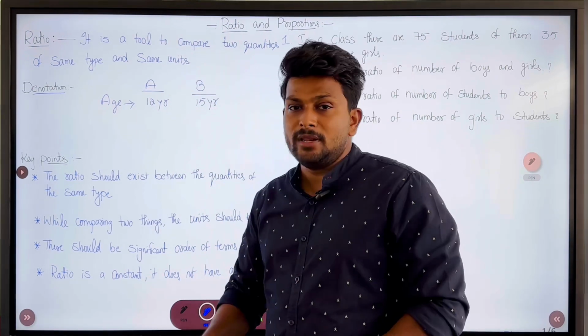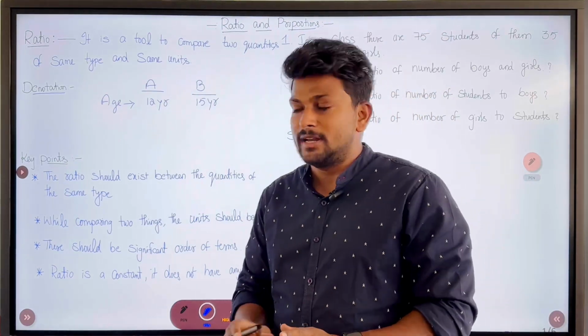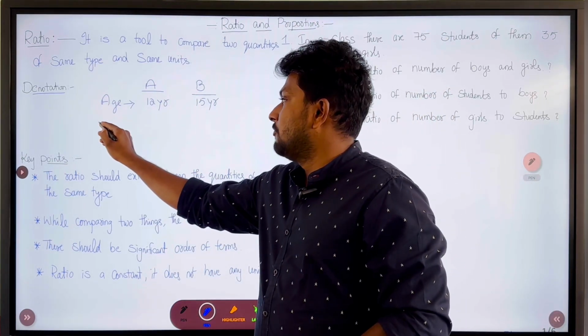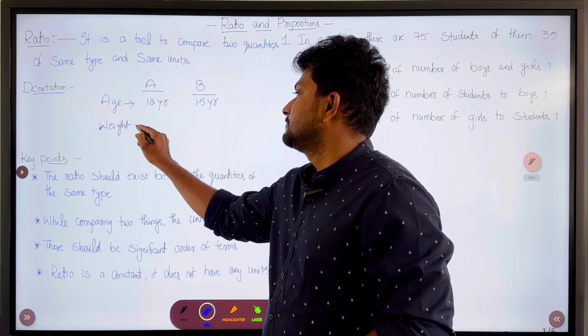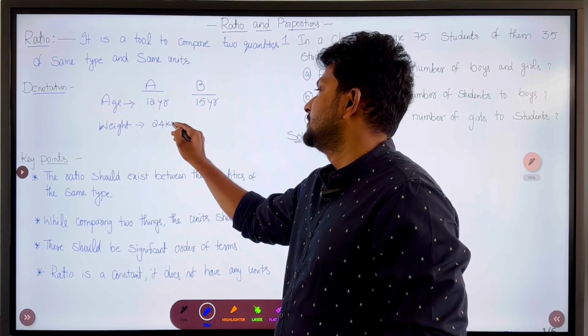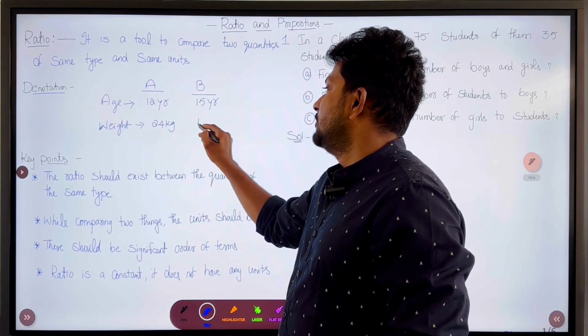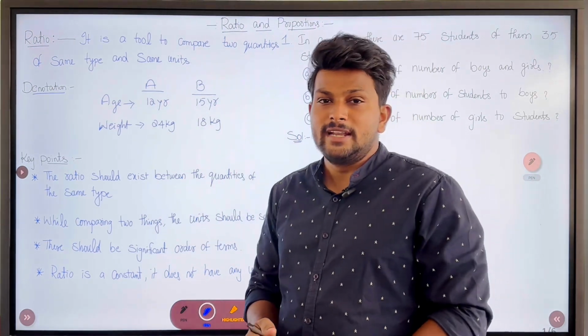So we need to compare ages by ages only, same type. Next, if I take weight, for example A is 24 kgs, B is 18 kgs.